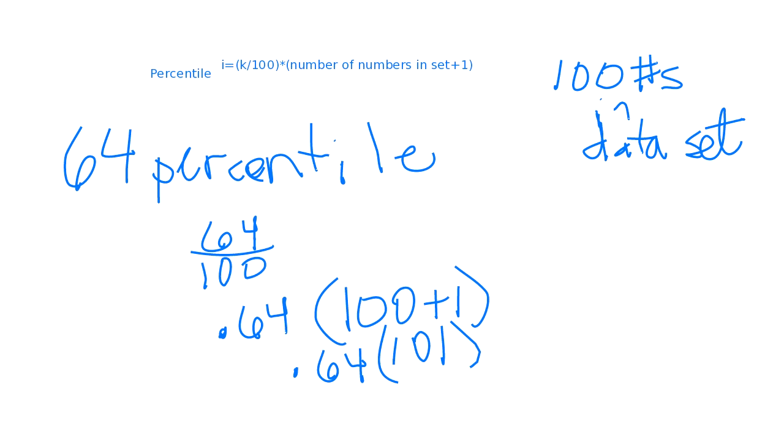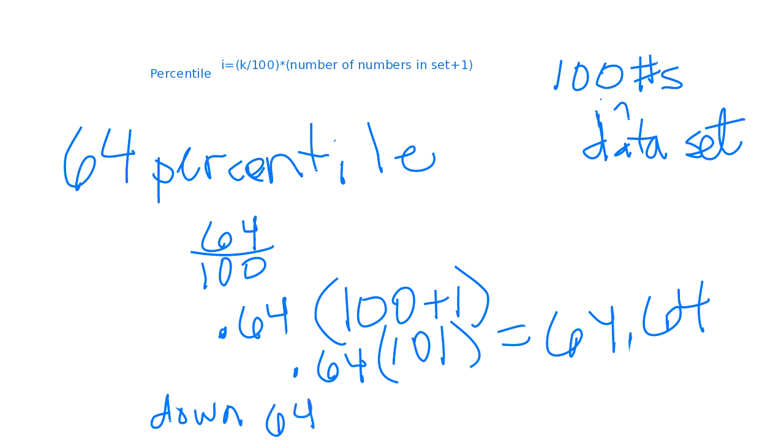Okay, so let me use my calculator. Again, there's a free online calculator you can use. I just like to have one handy. I use a TI-84, but you can use just a simple calculator, your phone or whatever. This is 64.64. Okay, so then you round down to the nearest integer, which is 64. Then you round up to the nearest integer, which is 65.